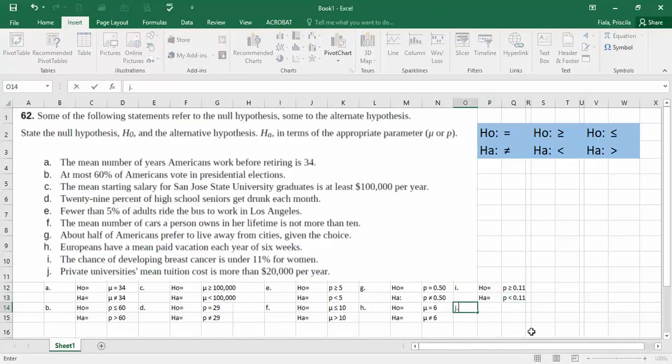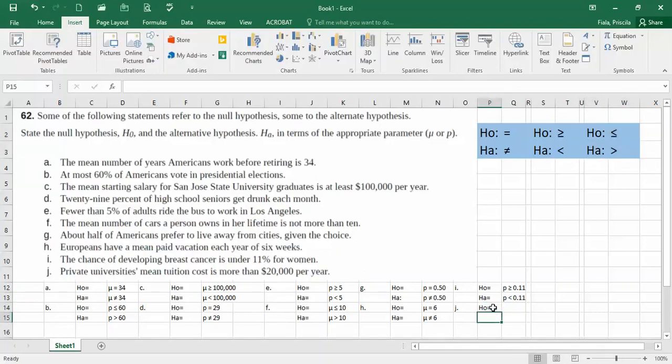And last, now we have private universities. You're working with the mean, tuition cost is more than 20,000 a year. It's more than, right here it's not telling you it's including 20,000, correct? So we're going to be using this one right here.